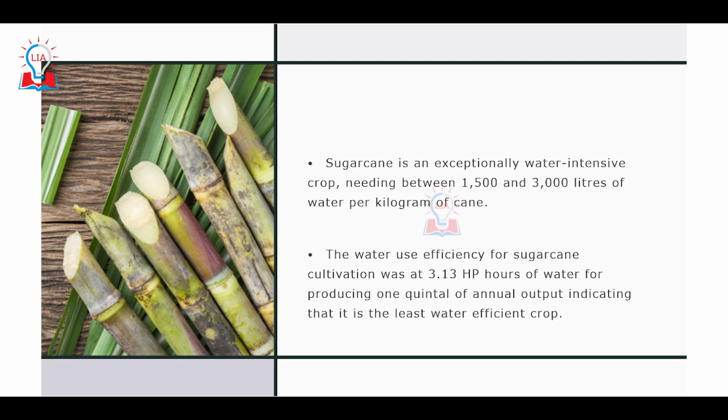It is very, very water intensive, needing somewhere between 1500 to 3000 liters of water for every kilogram of sugarcane production. And thus, the water use efficiency for sugarcane cultivation is believed to be somewhere about 3.13 horsepower hours of water for producing 1 quintal of annual output, indicating that it is the least water efficient crop.